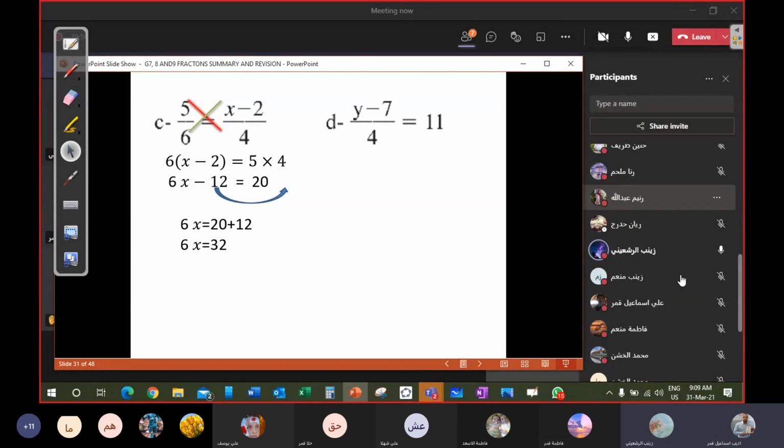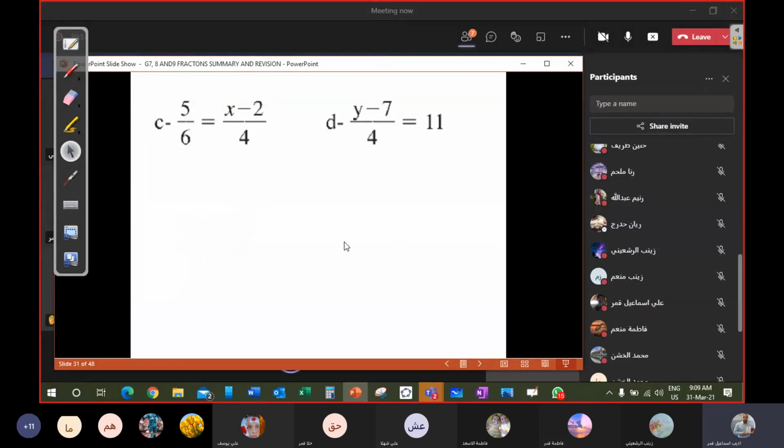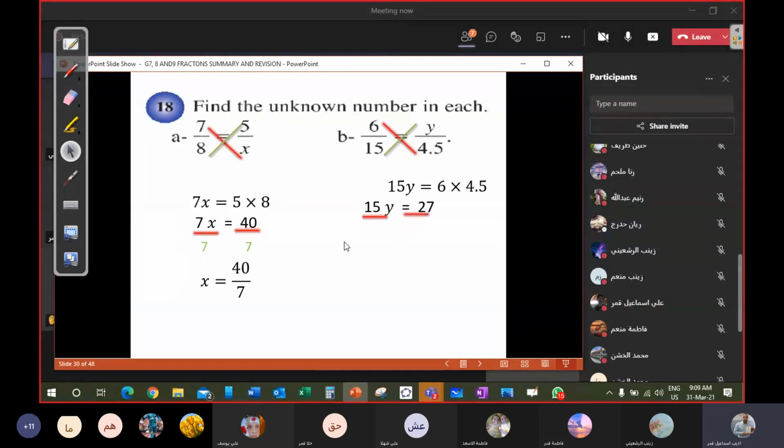I will go back to the slide before. When we got to 7x equal 40, we divide by the coefficient of x on both sides. You know, we put 7x over 7 and 40 over 7. Here we have something similar. We have 6x equal 32.